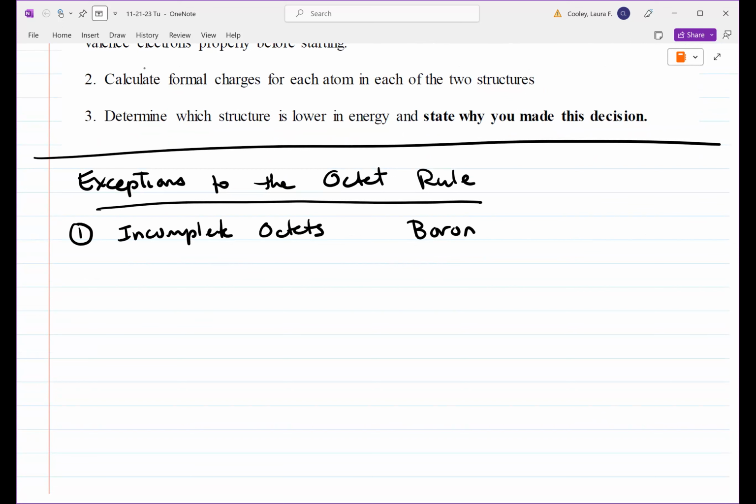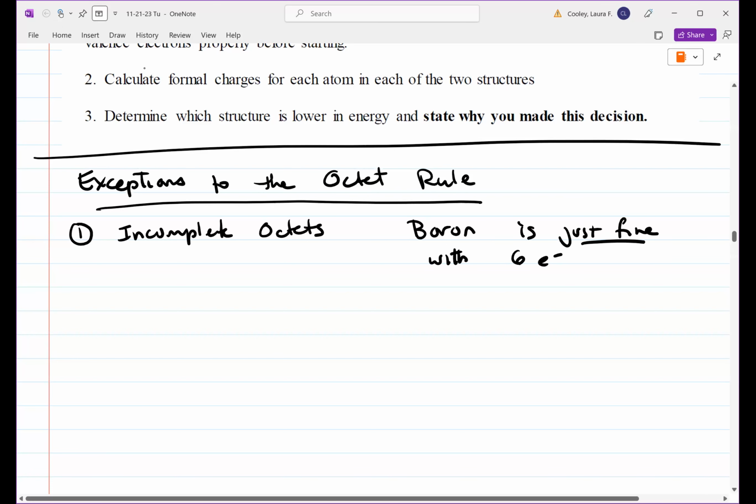And it turns out that boron is just fine with 6 electrons. So there are quite a few compounds with boron in the center where boron only has 6 electrons, like this. It could have 3 bonds. Look at that, 2 in each, and it's 6 electrons, and boron is just fine with this.